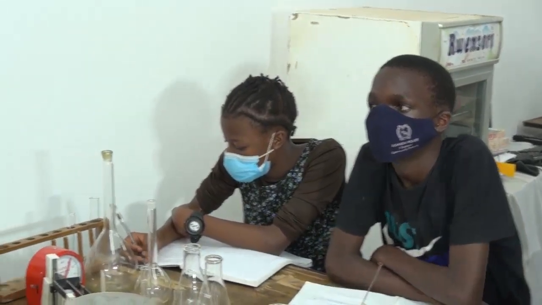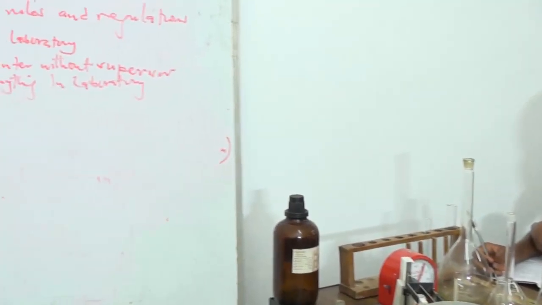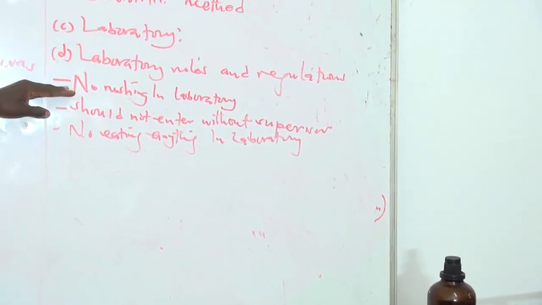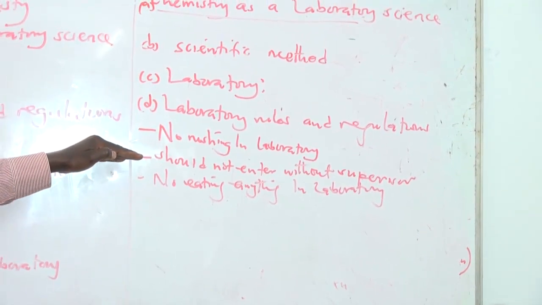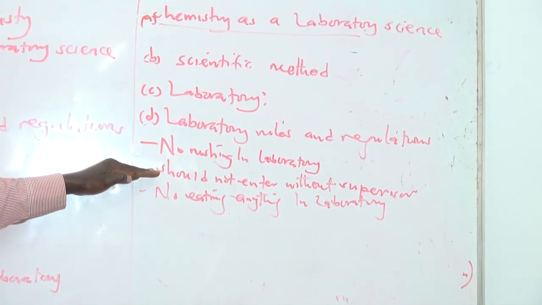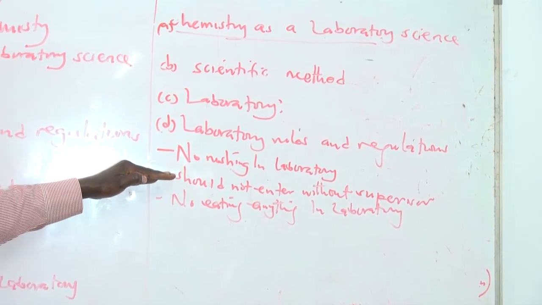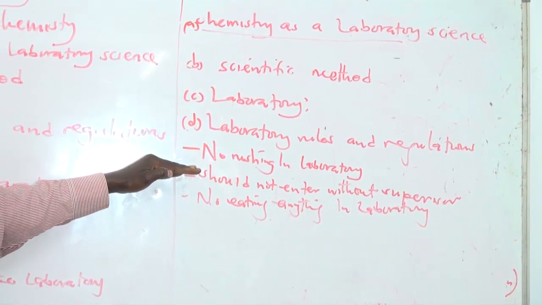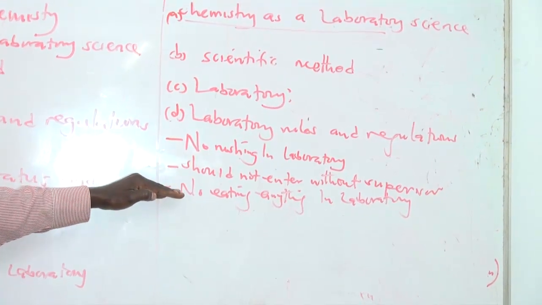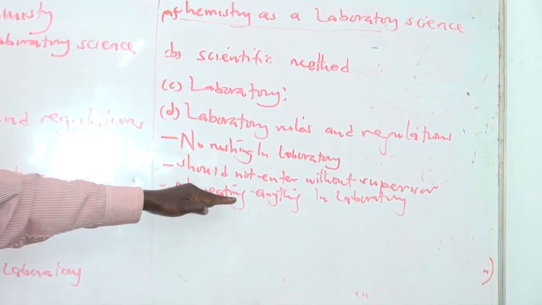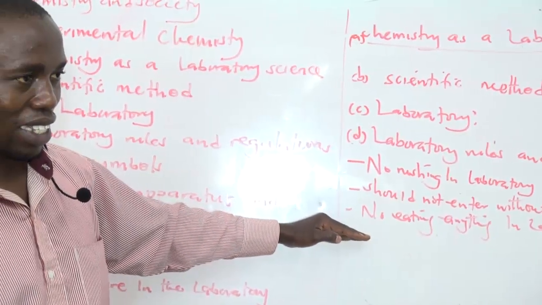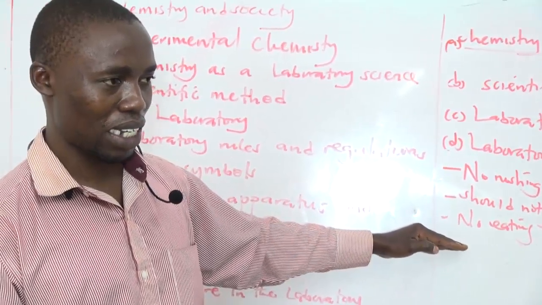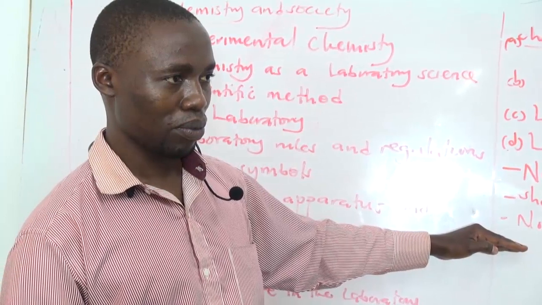Now let us echo through them very fast. No rushing or running in the laboratory. Point 2, should not enter the laboratory without the teacher's or lab technician's supervision. Next, no eating anything in the laboratory.